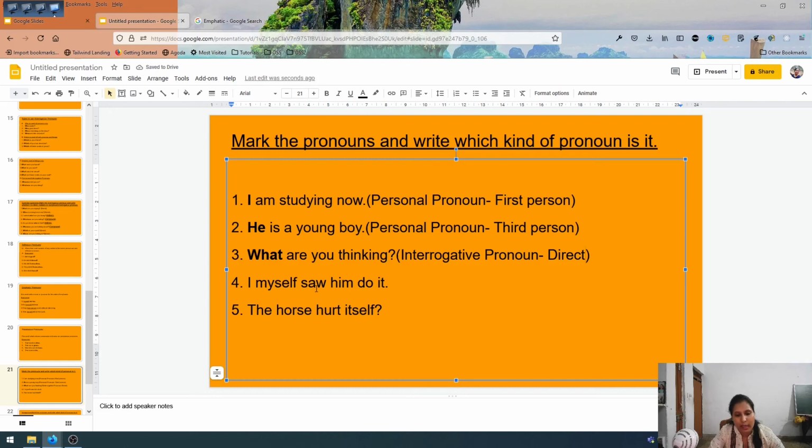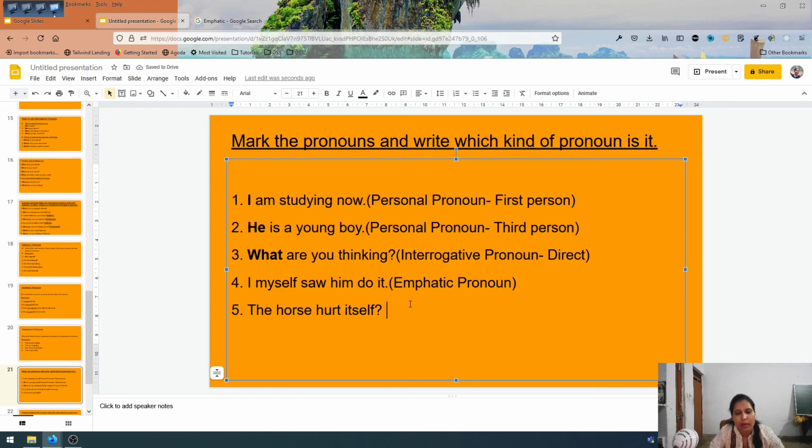I myself saw him do it. So which type of pronoun is it? It's an emphatic pronoun, isn't it? That is, I am putting emphasis on that. Emphatic pronoun. And our last sentence is, the horse hurt itself. So which type of pronoun is it?